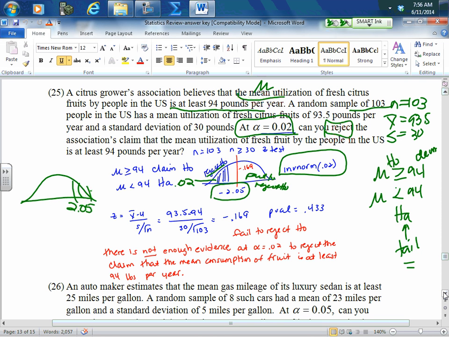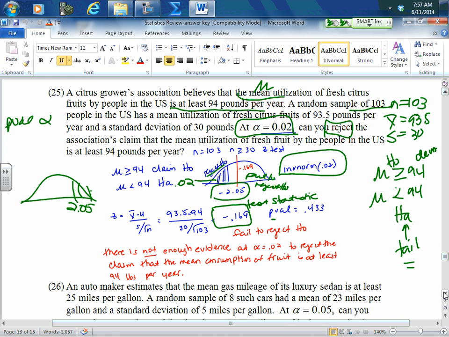Okay? Find your test statistic and see where this falls. This is going to fall closer to the 0, so therefore it falls in the fail to reject. If you test your p-val, follow this chart up there. Put your p-val here.